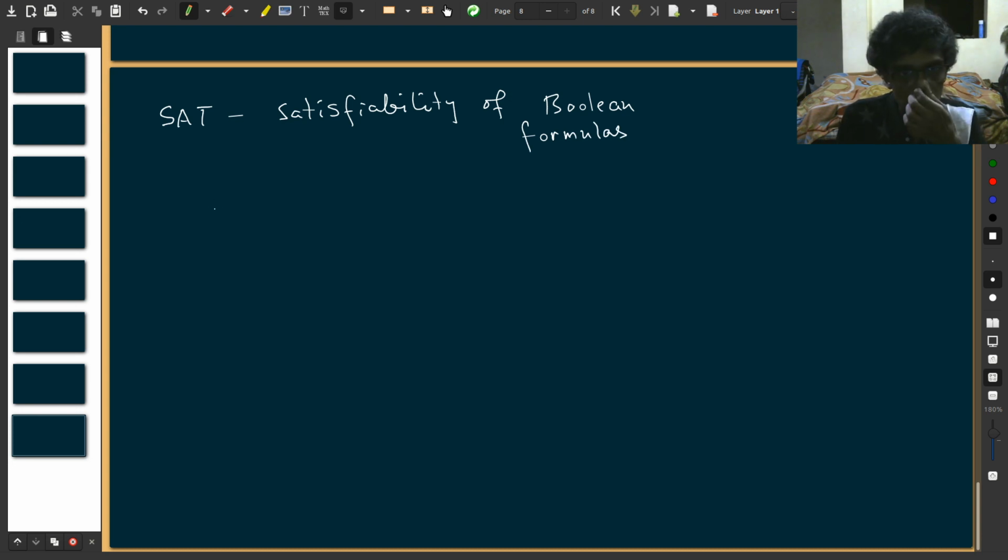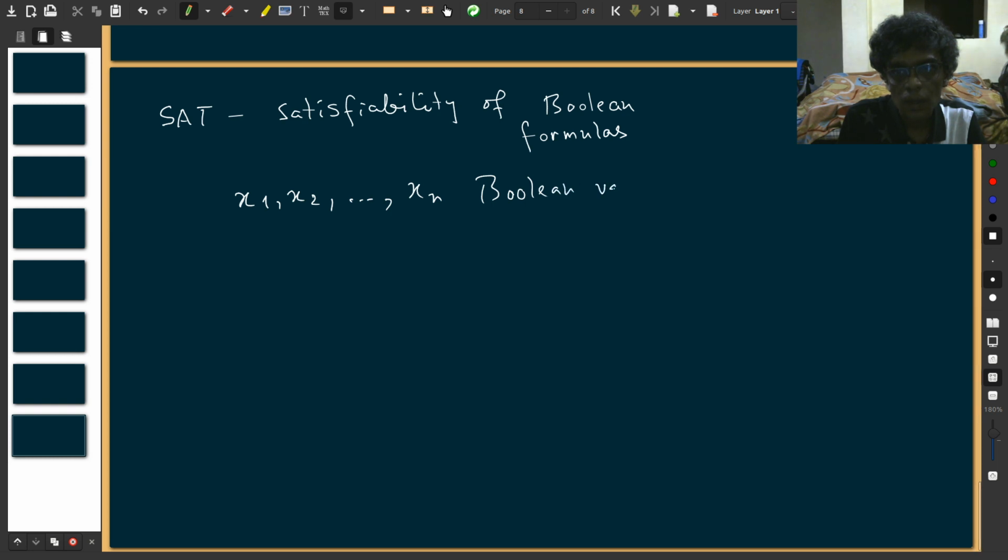So, I know that you already know these Boolean formulas. So, let's say x1, x2, ..., xn be Boolean variables. That is, they take only two values, 0 and 1, yes or no, or false or true, whatever you call.